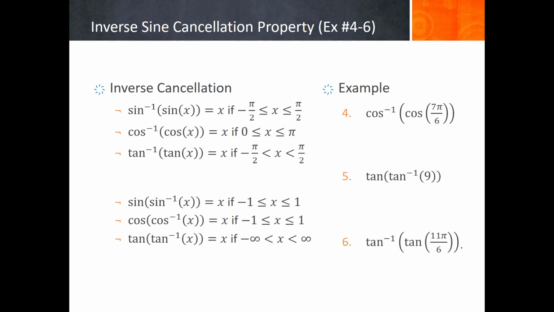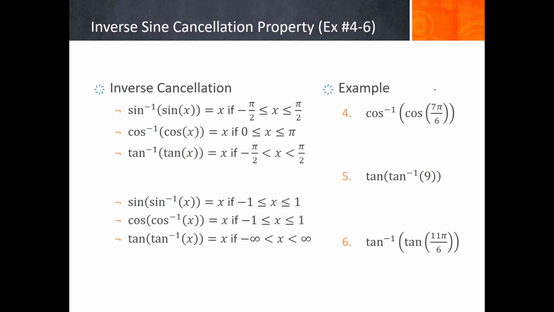All right, let's try a few more examples here. We want to do the inverse cosine of the cosine of 7 pi/6. So again, that's the same second identity we looked at just a second ago. Inverse cosine of cosine of x is equal to x if x is between 0 and pi.